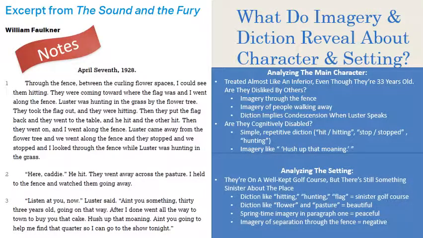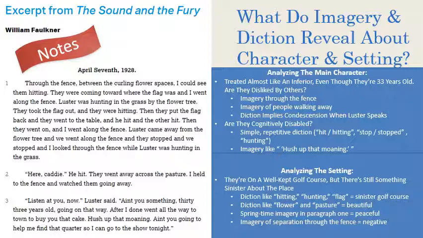So what are we looking at about the setting? Now, here's the thing that some of you, I would expect many of you to have picked up on, that the character is not respected as much. I wouldn't necessarily have expected as many people to pick up on the fact that they're on a golf course, that this is a well-kept, beautiful place.